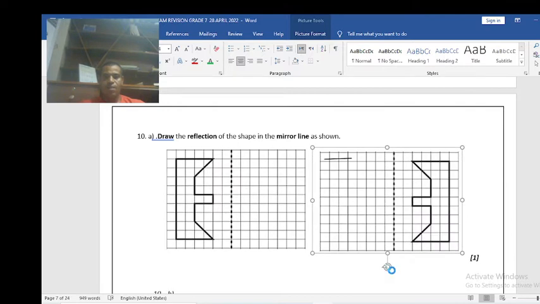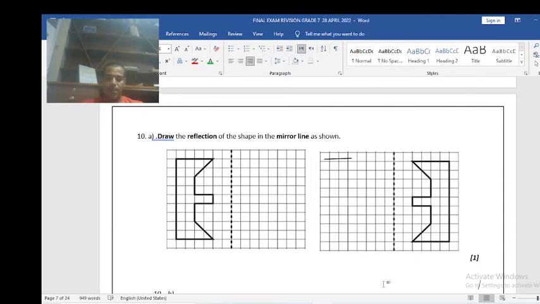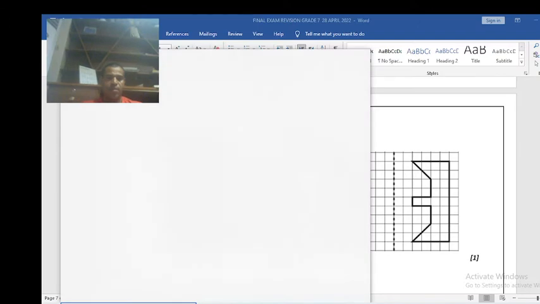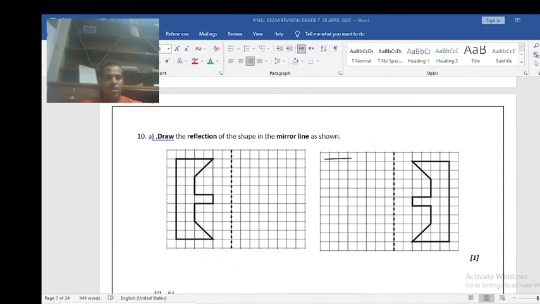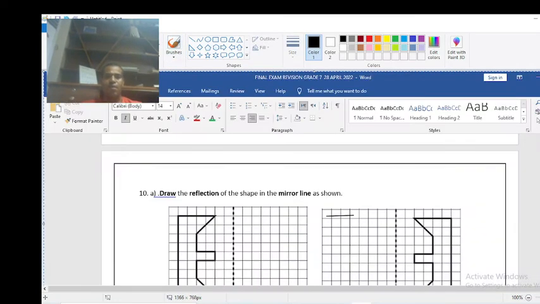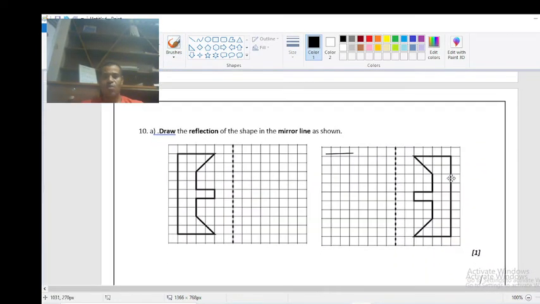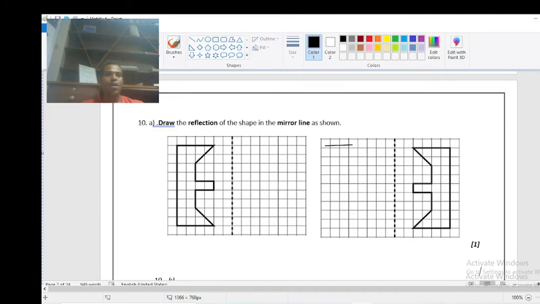Now I will press Control Print Screen, then come here to Paint and press Control V. Now I will show you how you can draw this in the mirror line.